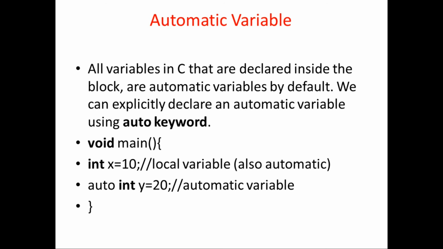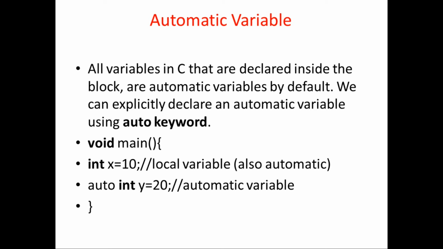The fourth one is the automatic variable. The automatic variable and the local variable are almost the same, because once you define a variable inside a function or inside a block, it is considered a local variable, and all those local variables are considered automatic variables by default. The only differentiating method is to use the keyword called auto.